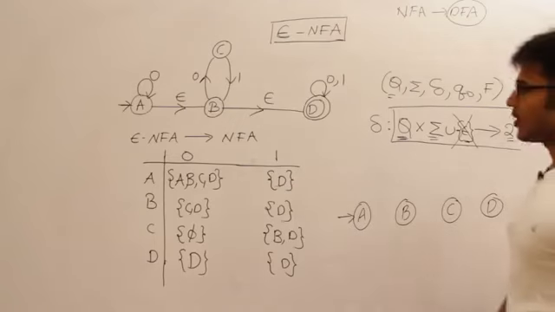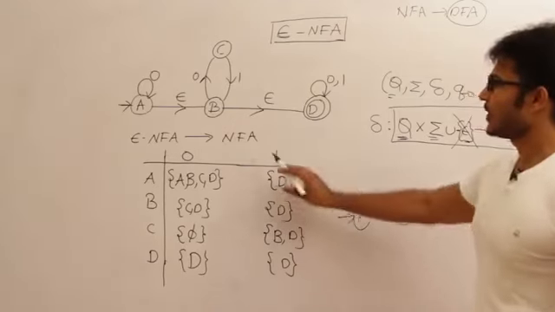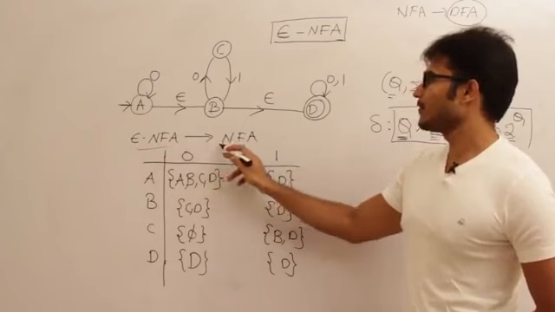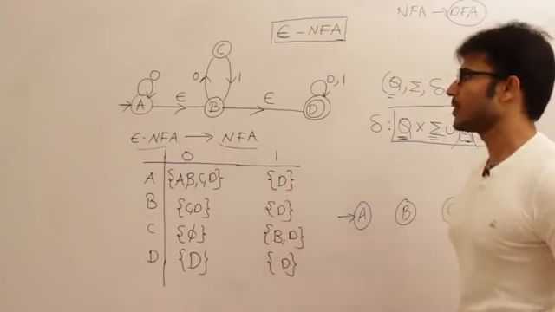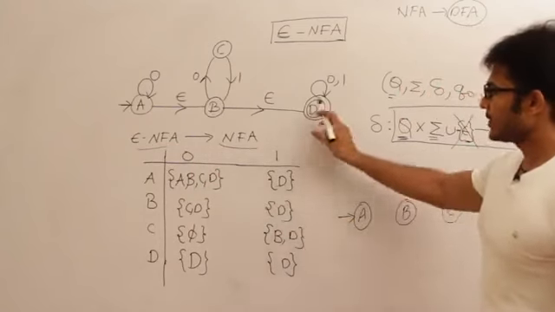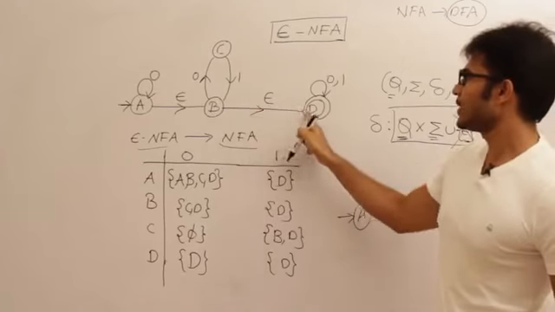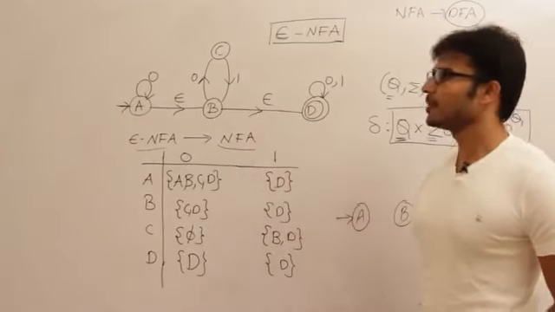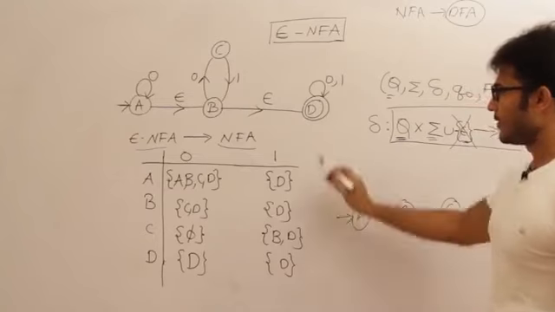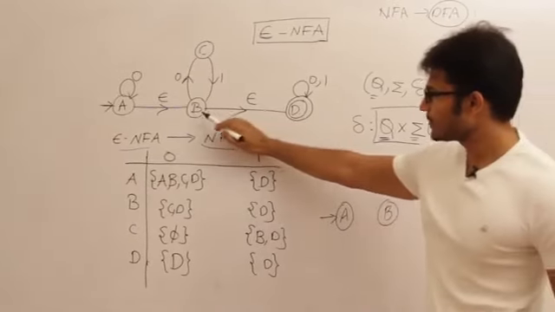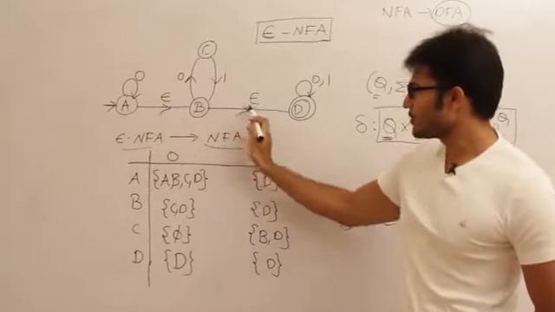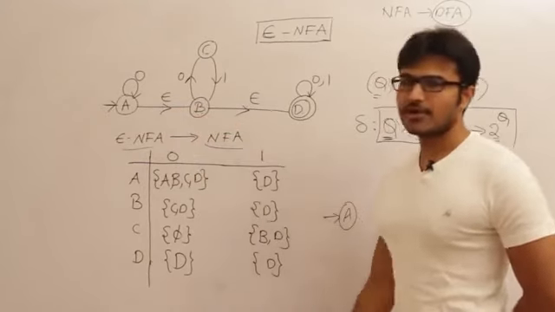Now the question is, what is the final state? When we are converting epsilon NFA to NFA, the final states are going to increase. So whatever state can reach the final state only on epsilon is going to be a final state. Again, if I can reach the final state from some state by seeing only epsilons, these states are also going to be final states.